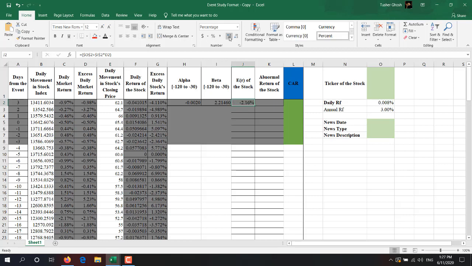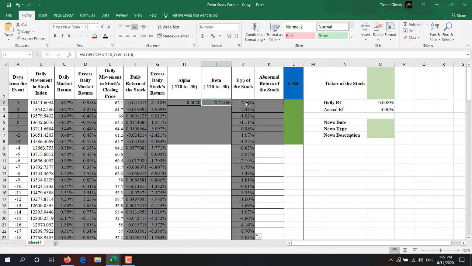So this is the expected return of the stock, and then we just double click on it. Now this is the expected return. That means depending on the beta and the risk-free rate, this should be the return that the stock should have earned.